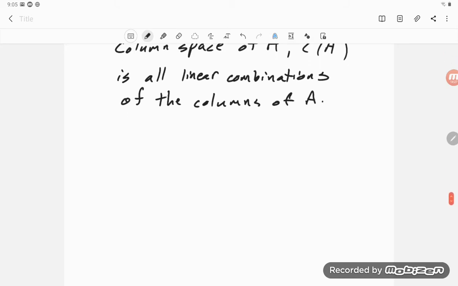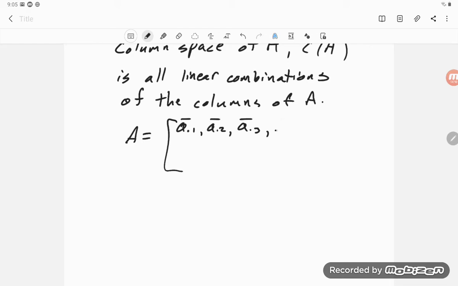Now we want to see that that is a subspace. What we're looking at here is, if I said A is equal to the matrix, and I'm going to call the columns A.1, A.2, A.3, and so on, putting little lines over these because these are column vectors, all the way to some A dot n.